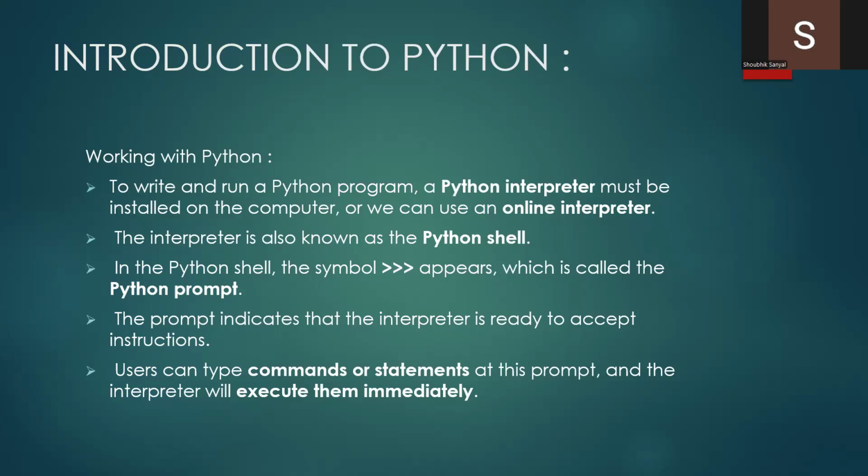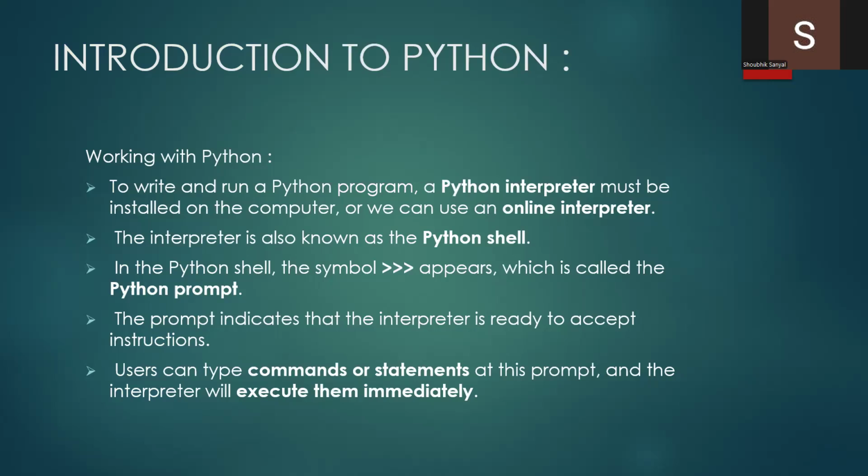The interpreter is also known as the Python shell. How will we understand that we have installed a Python shell? Very easy. Once we install the Python shell, three consecutive greater than symbols will appear. These are called the Python prompt.